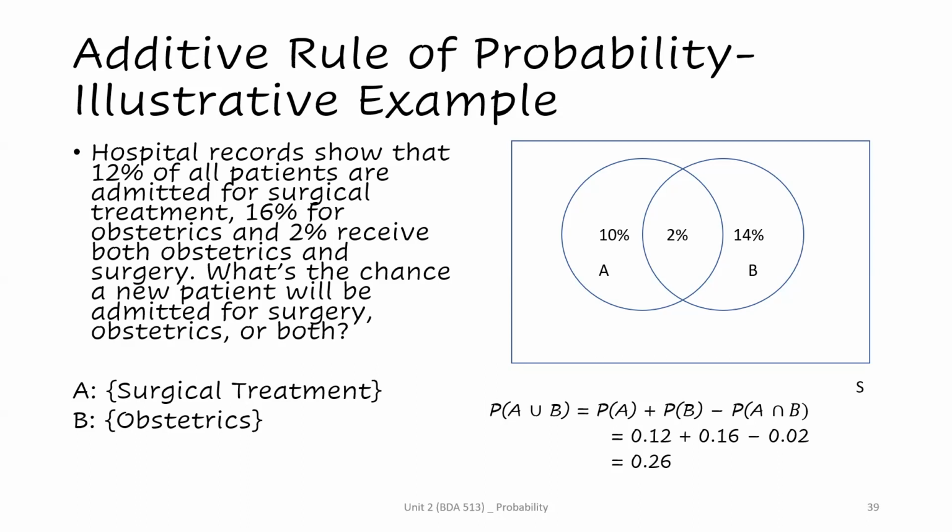So the probability of A union B: the probability of A is 0.12, the probability of B is 0.16, and then we remove the 2% from it, that is the intersection at 0.02. So it gives you 0.26. Any question? Any question?